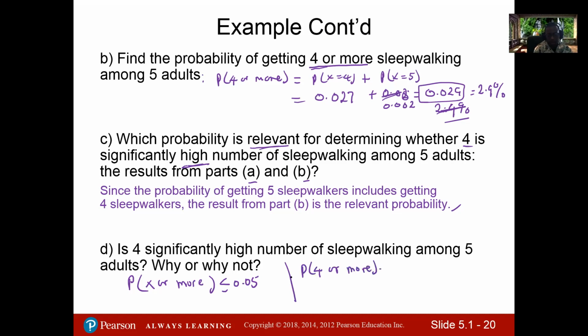This probability, from part B, is 0.029. Now, of course, this is less than 0.05. So the answer is yes, 4 is significantly high.